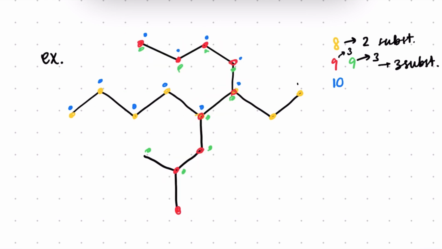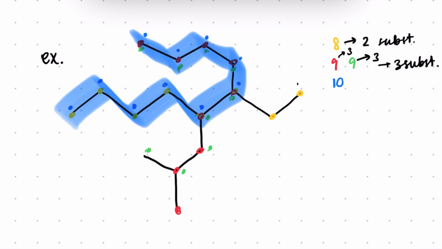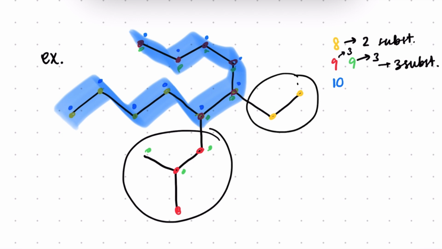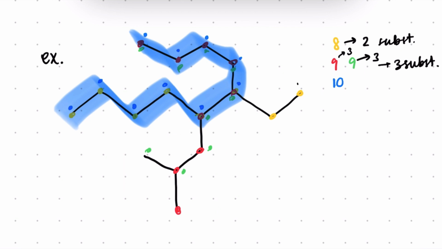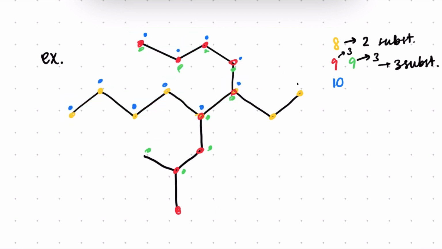Okay. Now let's look at the final chain, which is the 10-membered chain. And when we're looking at this, we found out that there's 1, 2 substituents. So there are only 2 substituents for this chain.